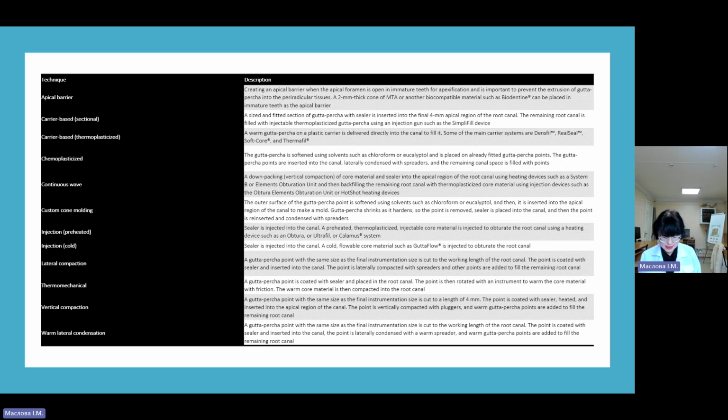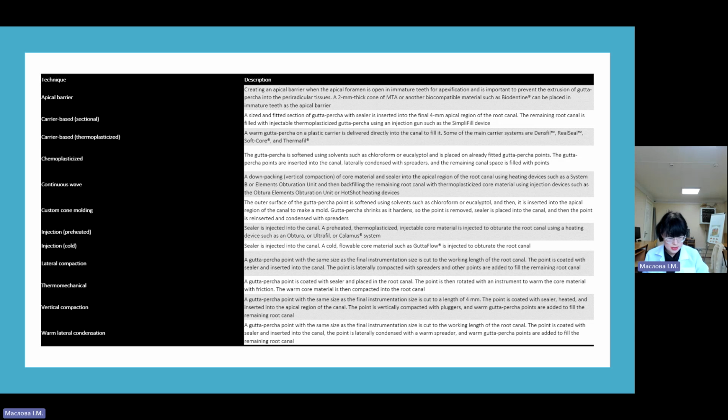It is available as a pre-dosed powder and liquid and is designed for use with all obturation techniques. It is indicated for use as a sealer in both cold and warm root canal filling techniques, with a working time of 65 minutes and a setting time of 20 hours.